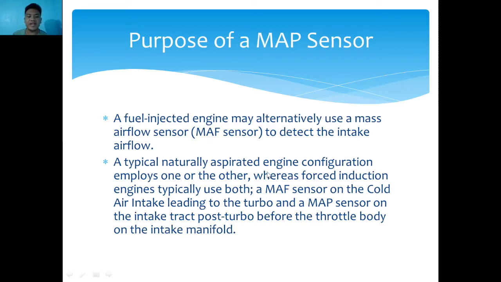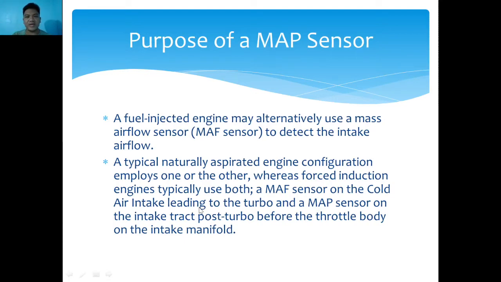And when it comes to turbo type engines, they usually use a mix of both, the mass airflow and the manifold absolute pressure, where the mass airflow sensor is connected in the cold air intake. This is the part after going to the intercooler or after going to the turbo, depending on the setup, that's where it's connected.